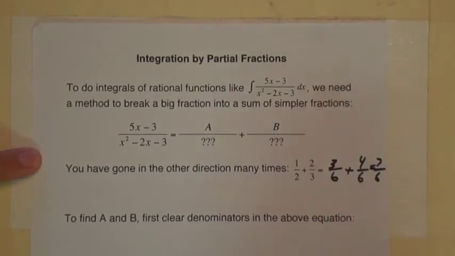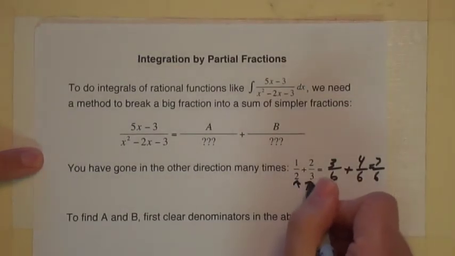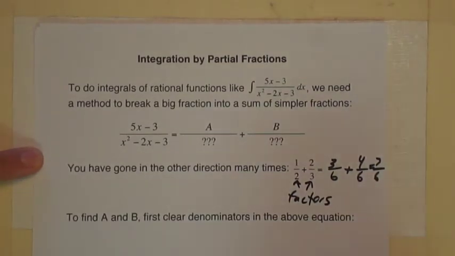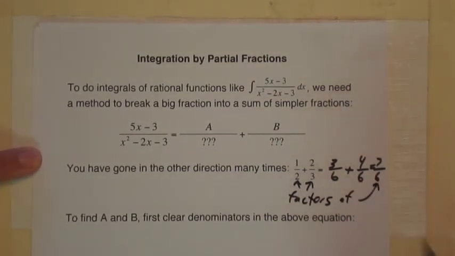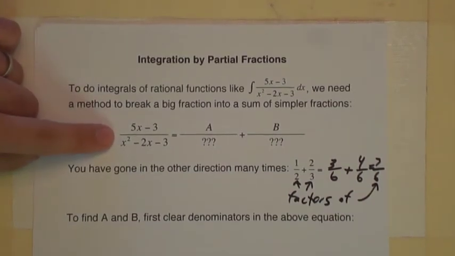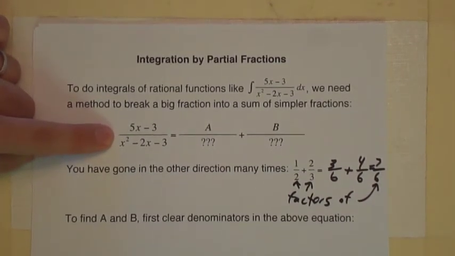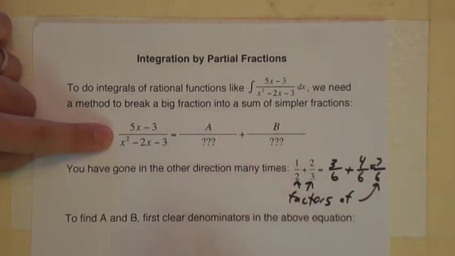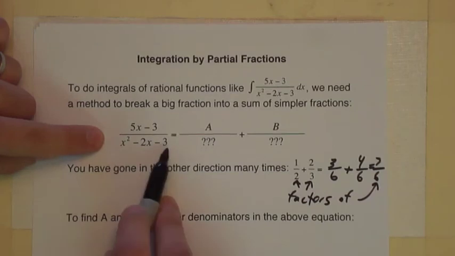And the first big observation is that the 2 and the 3 are factors of 6. So the same thing will hold in a case of a rational function like this one. The two denominators here are going to be factors of this big denominator here.